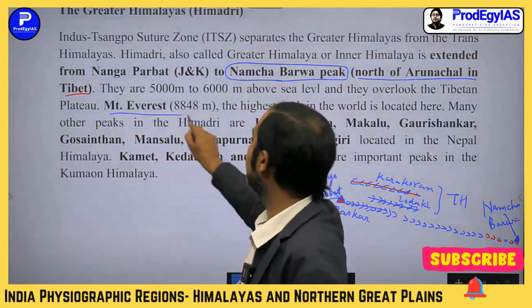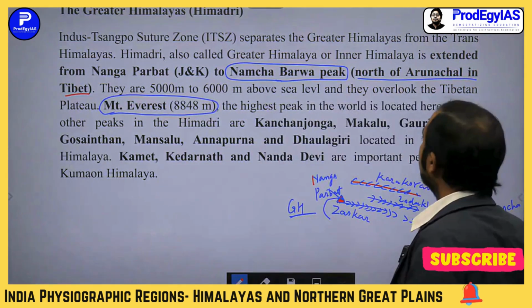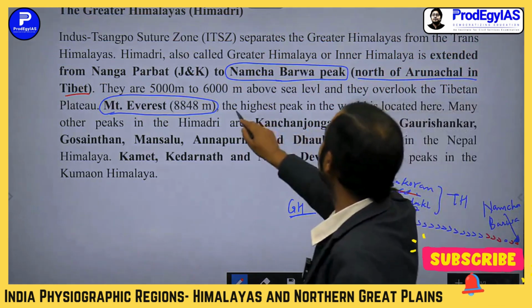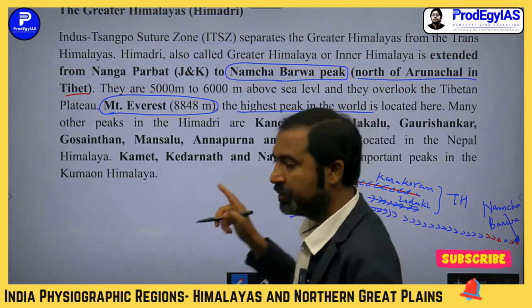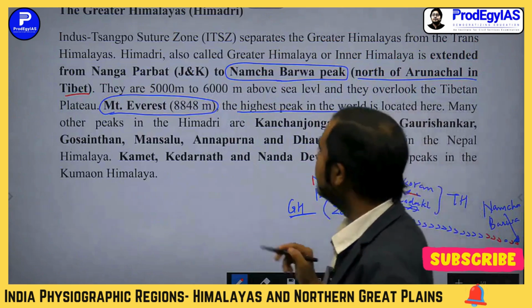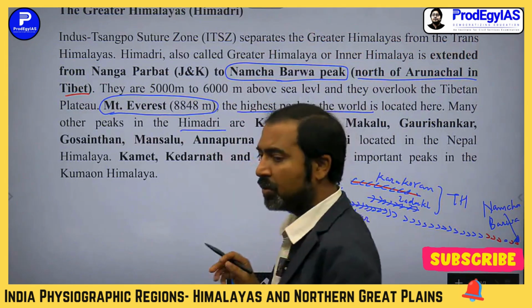Mount Everest is the highest peak, not only in the Greater Himalayas, but in the world. The second highest was K2, Mount Godwin Austen. K2 was in the Karakoram range, right? There are many other peaks in Himadri. This Greater Himalayas is also known as Himadri.